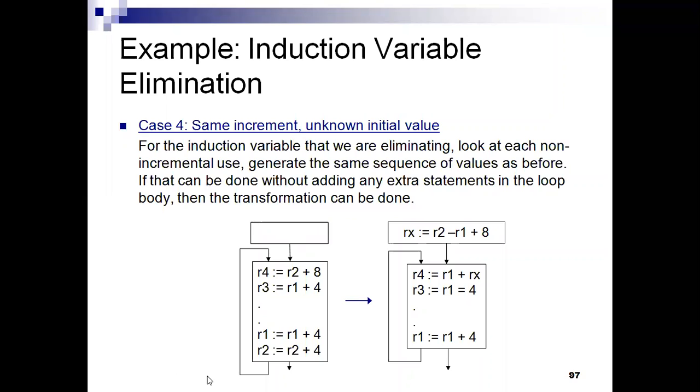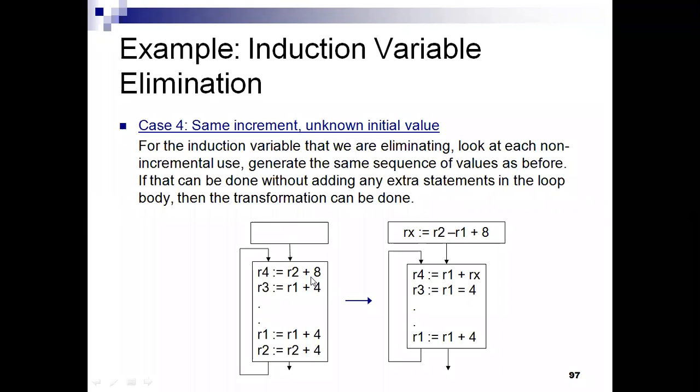Make it clear here. Here I have R4 is equal to R2 plus 8, R3 is equal to R1 plus 4. And R1 is R1 plus 4, R2 is R2 plus 4. Initially I define in the pre-header Rx is equal to R2 minus R1 plus 8. And what is R4 here?